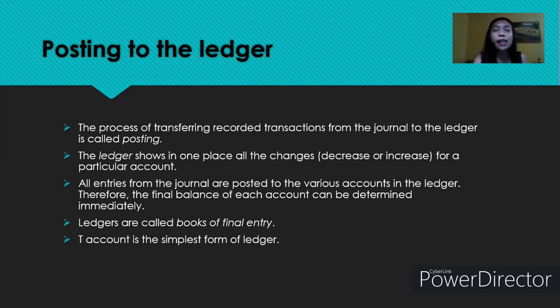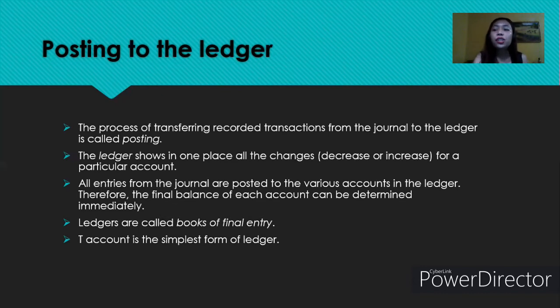Like what I said before, you have a specific ledger for cash, a specific ledger for equipment, receivables. For the liabilities, we have accounts payable, notes payable, because in order for us to track what's going on in that certain account, okay?